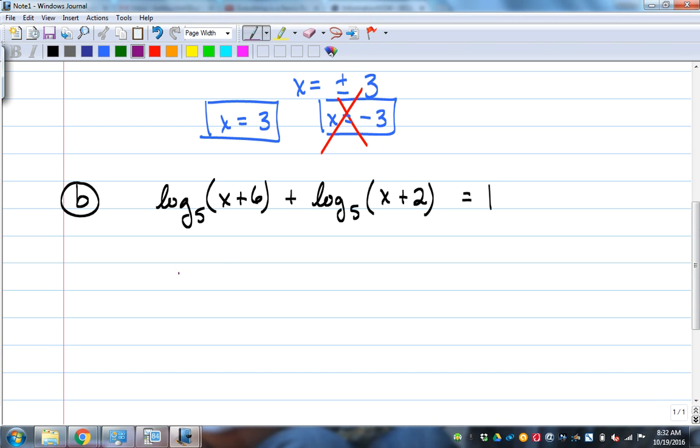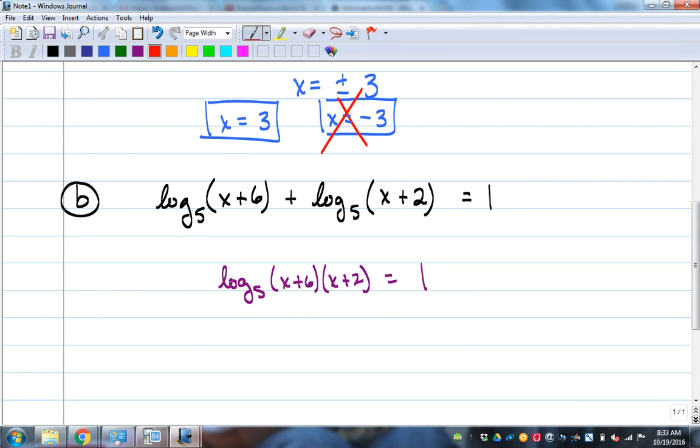So that'd be log base 5 of (x plus 6) times (x plus 2) equals 1. Well, the other side doesn't have a log on it. So I want to get rid of the log on the left side.